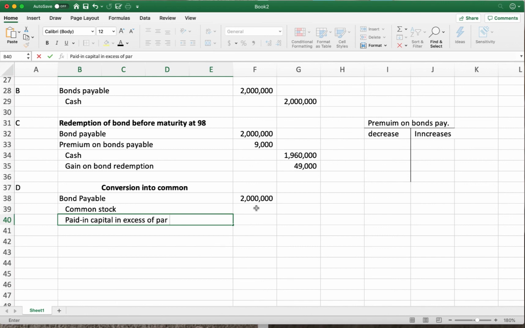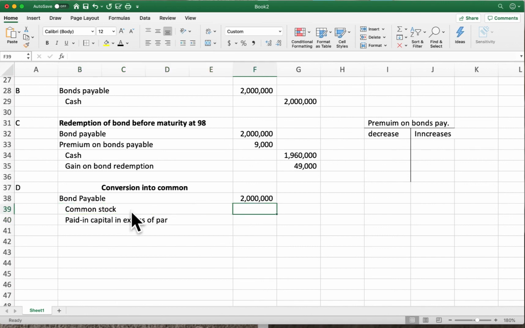To figure out what these dollar amounts should be, how many shares are we giving? 60,000 shares at a par value of $10. So 60,000 shares times a par value of $10 is $600,000.